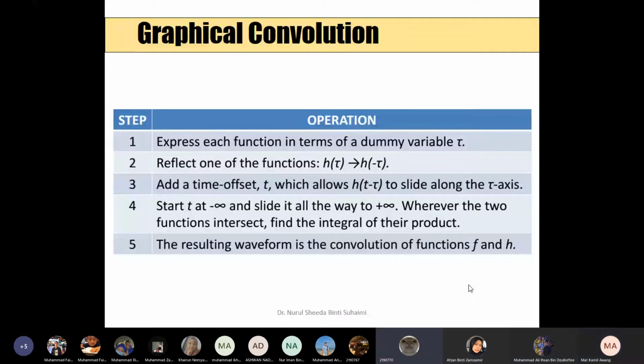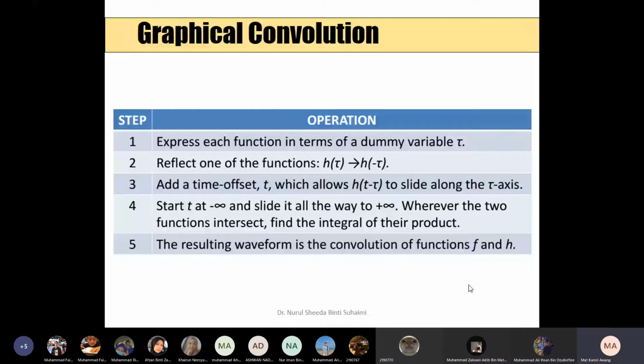Differential equation, semester 2, sir. Basically, you already know about convolution from the video I gave. Okay.